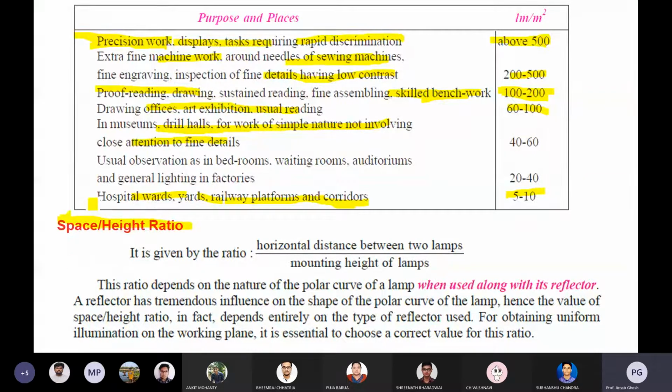The distance between two consecutive lamps, and the mounting height means how far it is installed from your ground level. This ratio depends on the nature of the polar curve of the lamp when used along with a reflector.